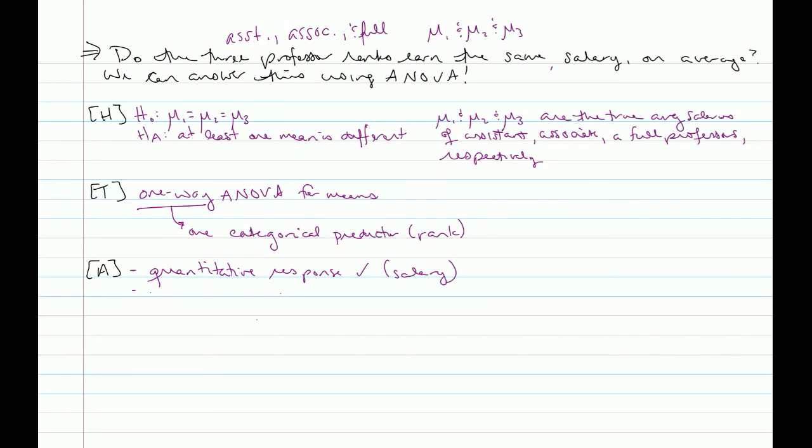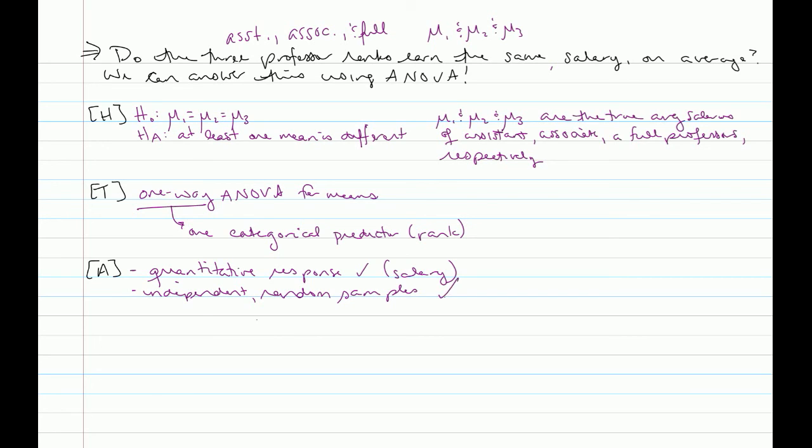We also need independent random samples. So that means in this case we would have had to randomly sample the associate professor ranks, the assistant professor ranks, and the full professor ranks. And that assistant professors can't overlap with associate professors, and they can't overlap with full professors.